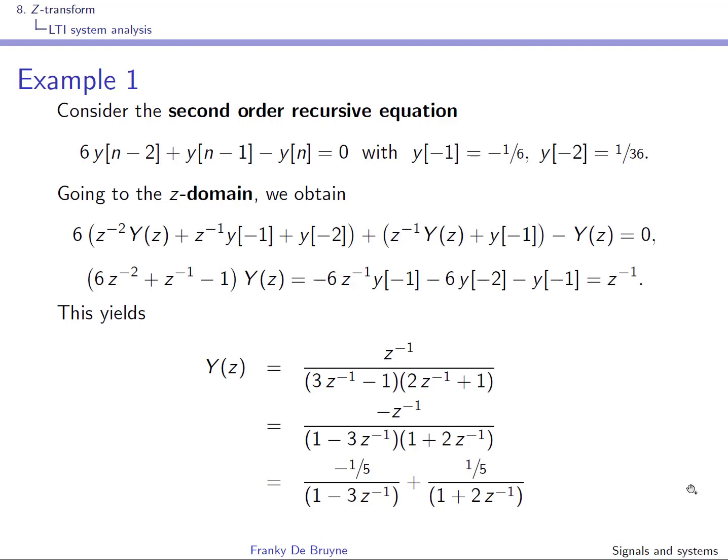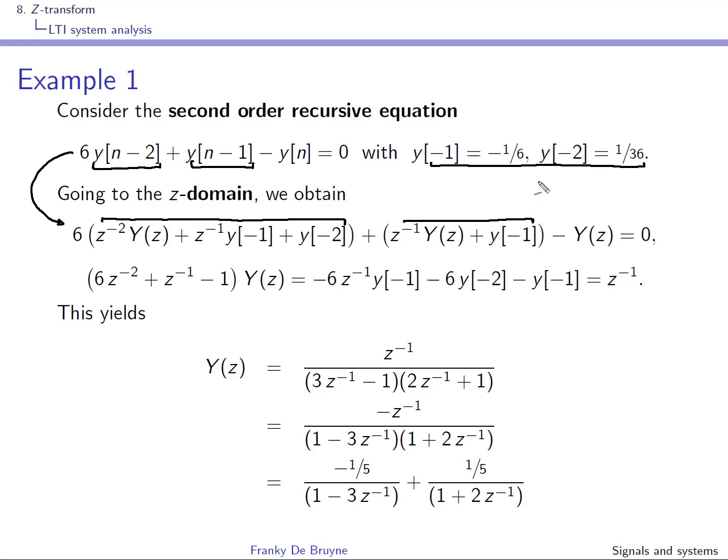So here we have to solve a second order recursive or difference equation. The initial conditions are given over here, and when we go to the z domain, we have to take the z transform of these two over here, and this is the result, and we have to take into account these initial conditions that are given over here.